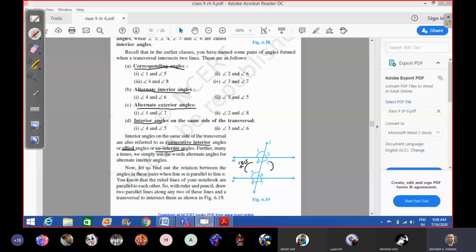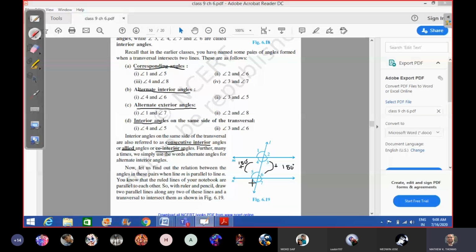So you need to draw this figure in your notebooks. Number these angles 1, 2, 3, 4, 5, 6, 7, 8. Angles 1, 2, 7, and 8 are the exterior angles. 3, 4, 5, 6 are the interior angles. Then copy down this.